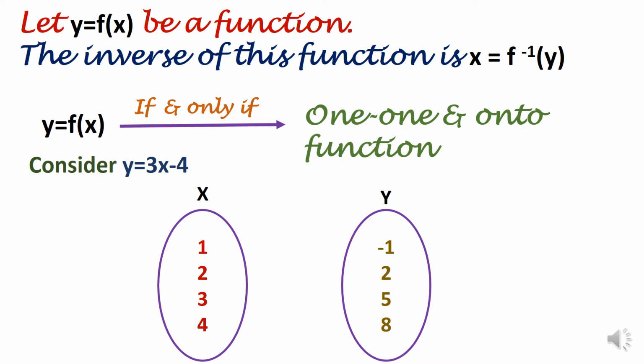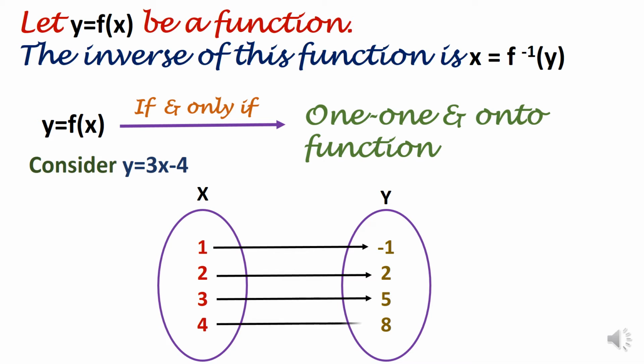Now, as you can see over here, if you write the relation, you can say that 1 is related to minus 1, 2 to 2, 3 is related to 5 and 4 is related to 8. Thus, every element of set x has at the most one distinct image in set y. So, we can say that it is a 1-1 function. Each element of x is related to at least one separate image in y.